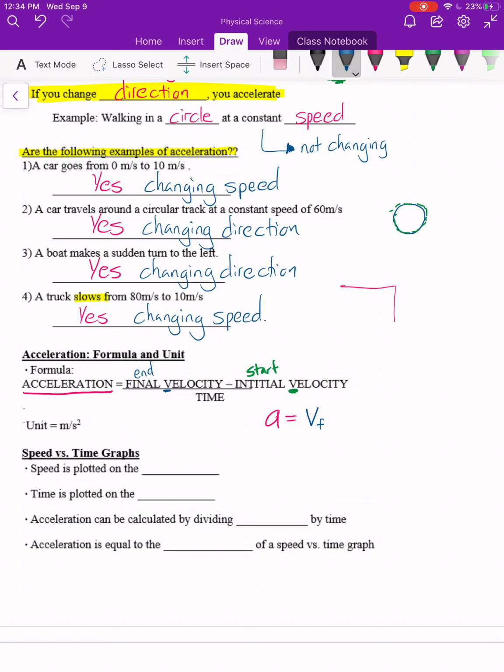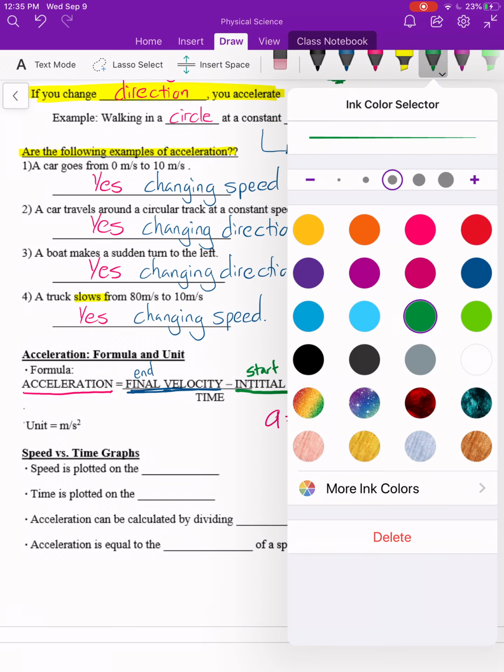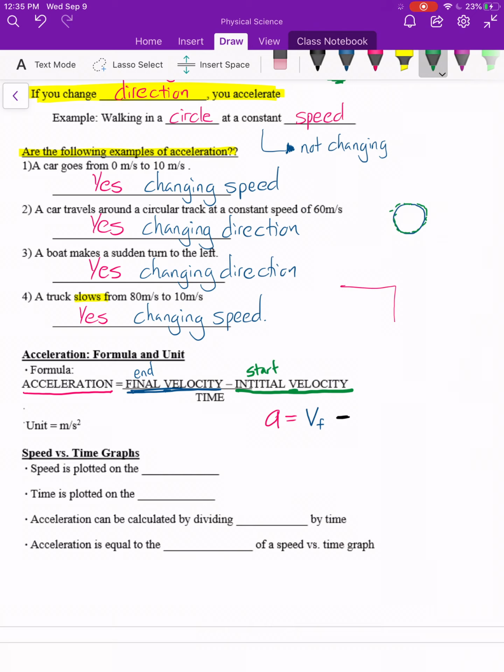I'm going to do a little f to represent final, okay? Minus, okay, so I'm following along. So we've got this blue part now. Initial velocity, or the velocity when you start. Let me make this a little smaller. So this is going to be a V. And can you guess what letter I'm going to use?